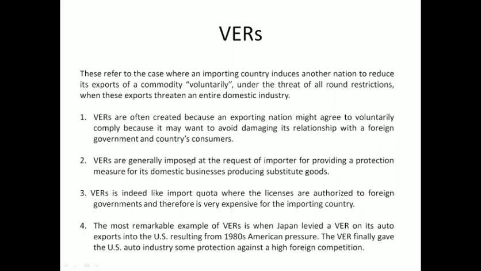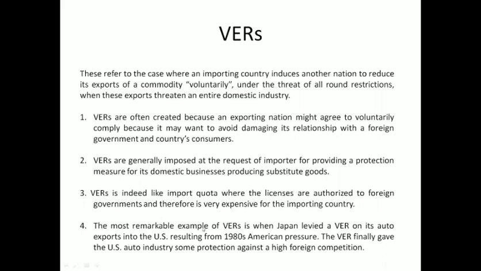VERs are also generally imposed on the request of importers to provide protection to their own business in the domestic market. So it means they want to stop these exporters from coming and competing in their own market. VER is indeed like an import quota, where the licenses are authorized to foreign governments and is therefore very expensive for the importing country.